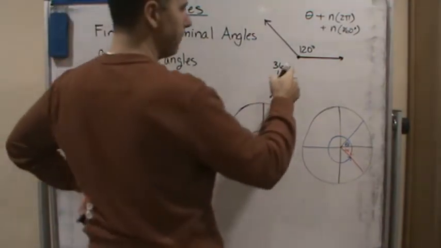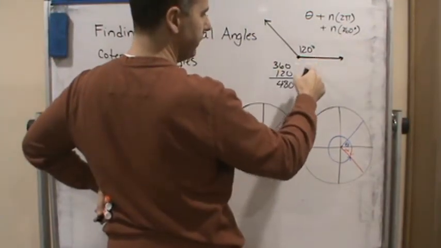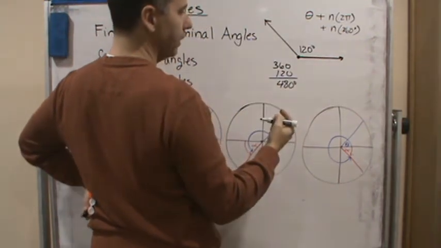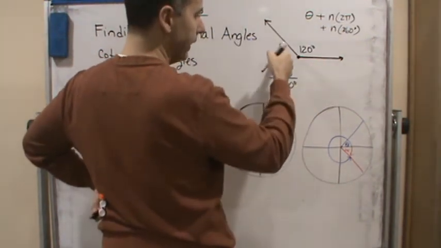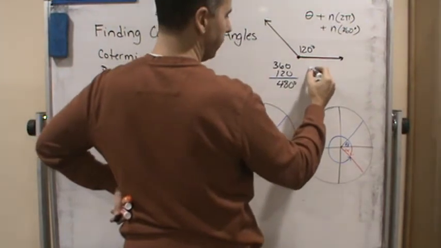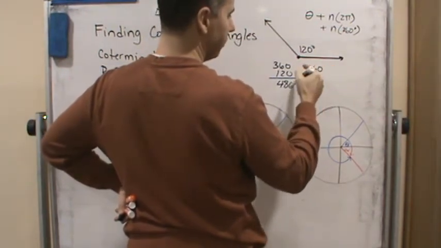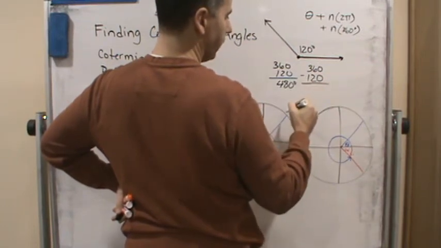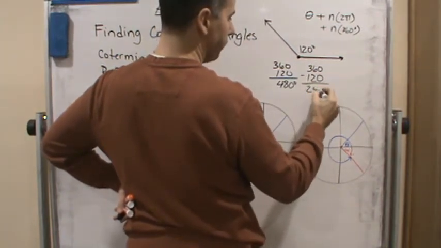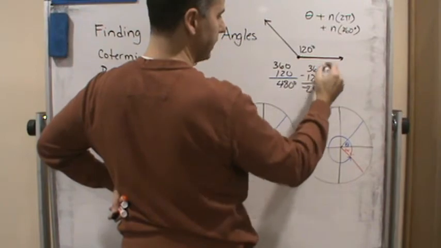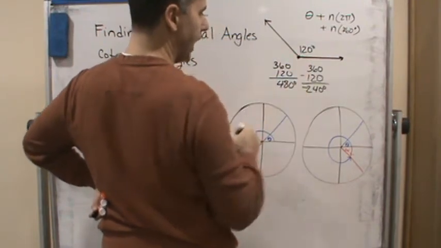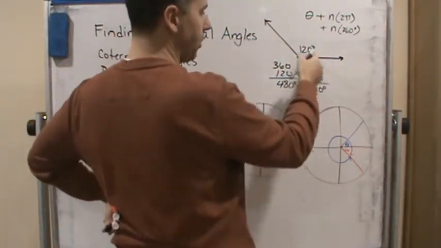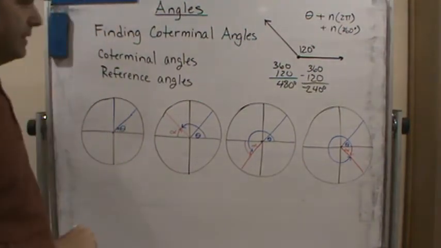Or what if I want to go this way? What if I want to go clockwise? Well, in that case, going clockwise is going to be what? It's going to be 360 minus 120, which is going to be what? 240 degrees, but it's going to be negative because I'm going clockwise. So negative 240 degrees also represents that, right?